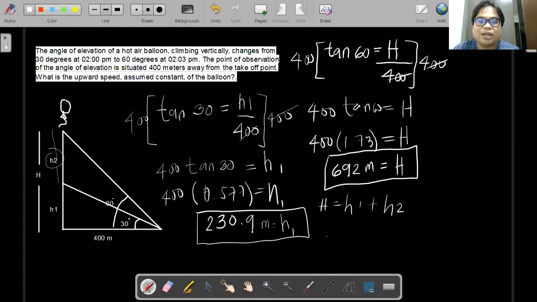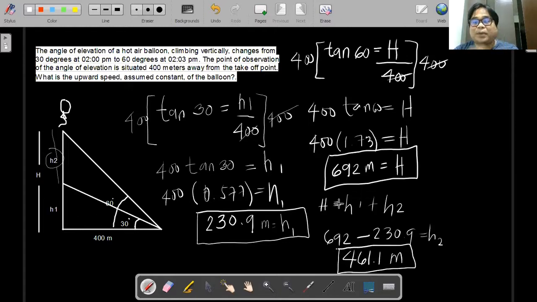The big H is 692. Transpose the h1 here, this becomes minus h1, which is 230.9, equals h2. By subtracting 692 minus 230.9, you get 461.1 meters.